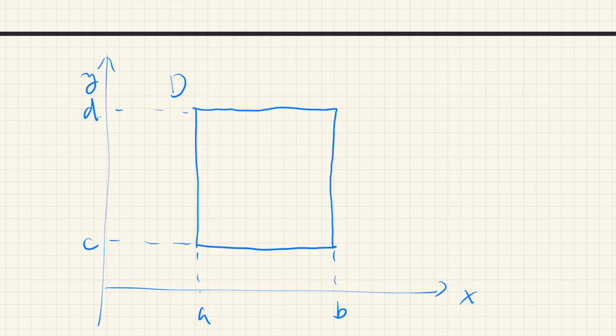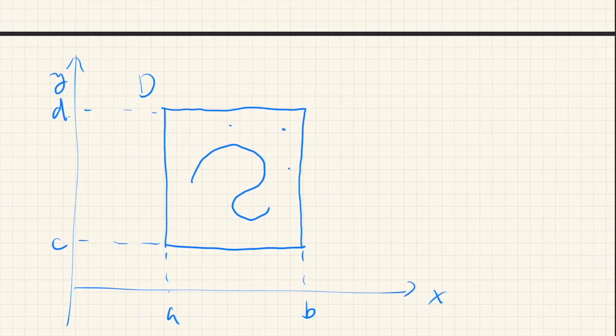But this function may not be continuous everywhere on this region D. There may be a curve like this, or maybe a set of isolated points, each of which is a null set.